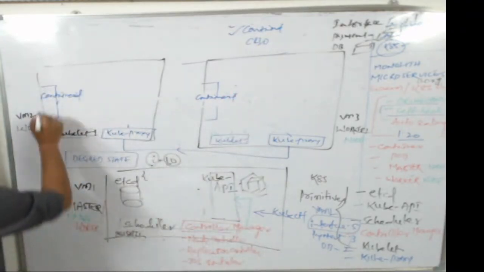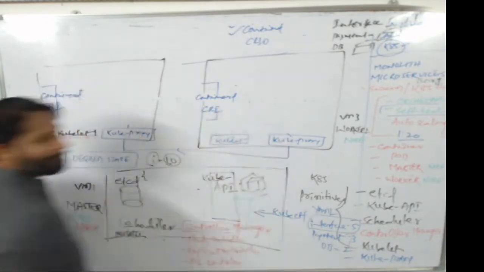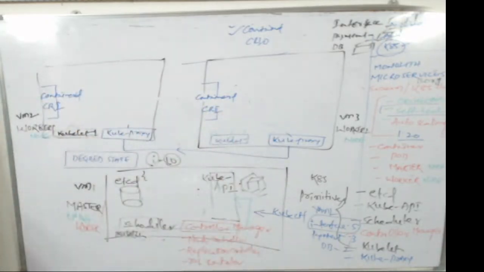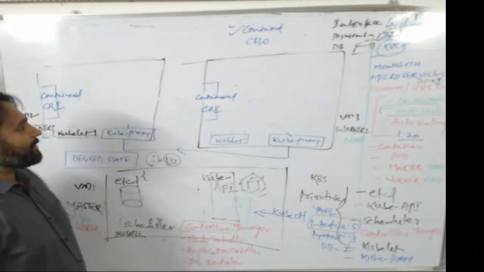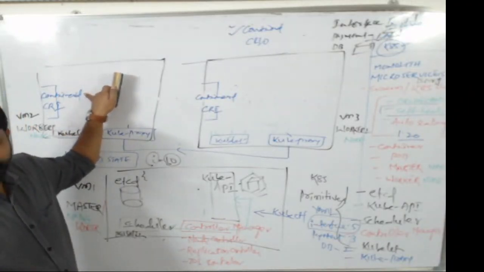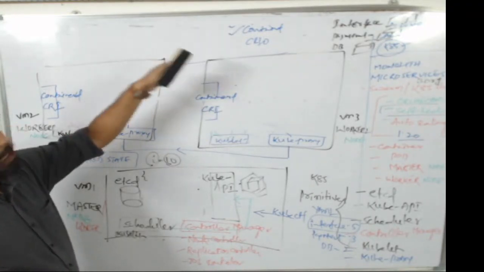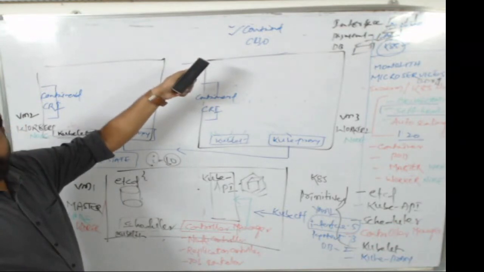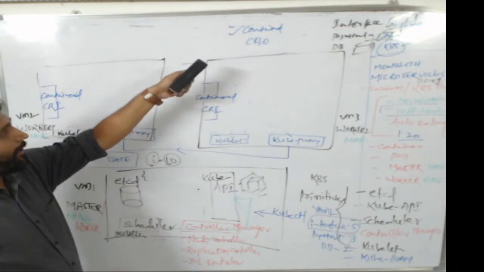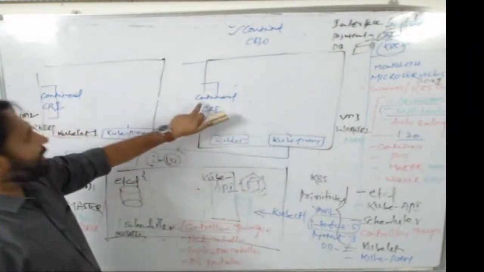Now this is the container runtime interface, CRI. So you have a CRI, container runtime interface, which will interact with the container runtime. Now the container runtime could be Docker or containerd or CRI-O, anything you want. The default one for 1.20 onwards is containerd.